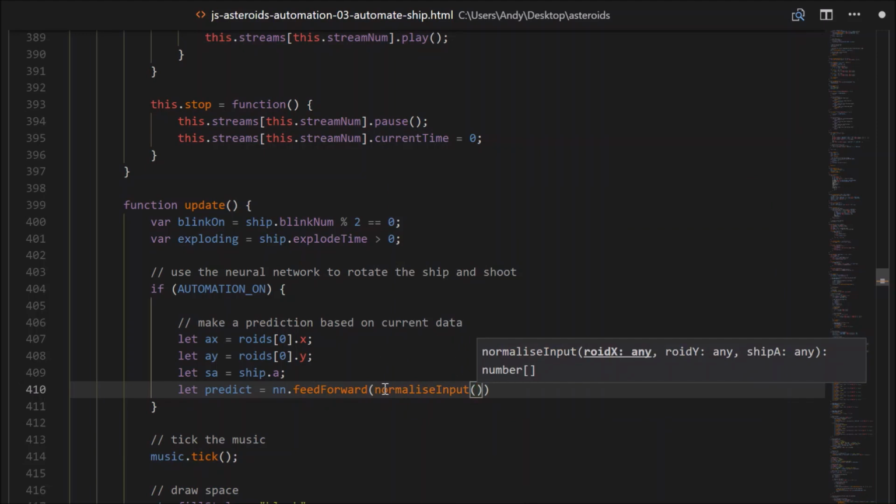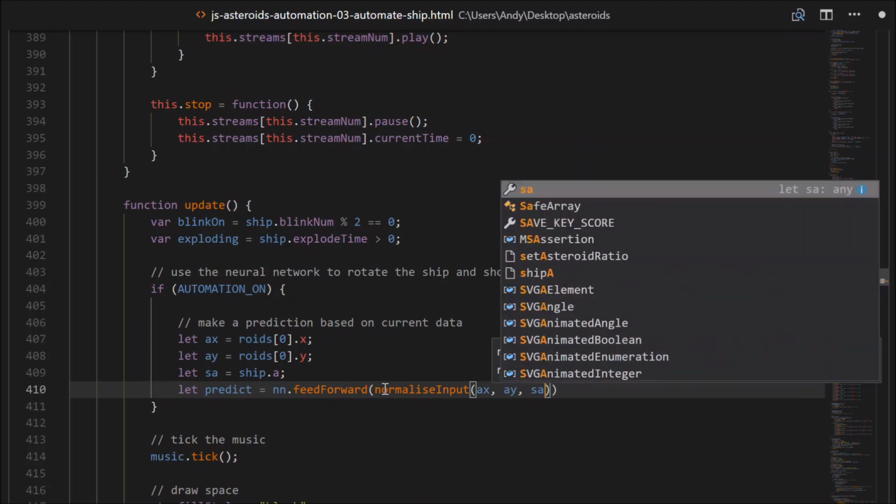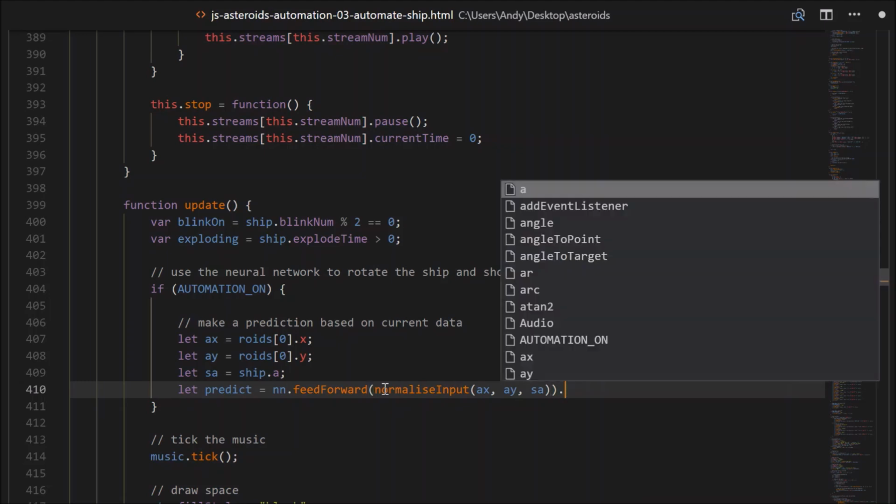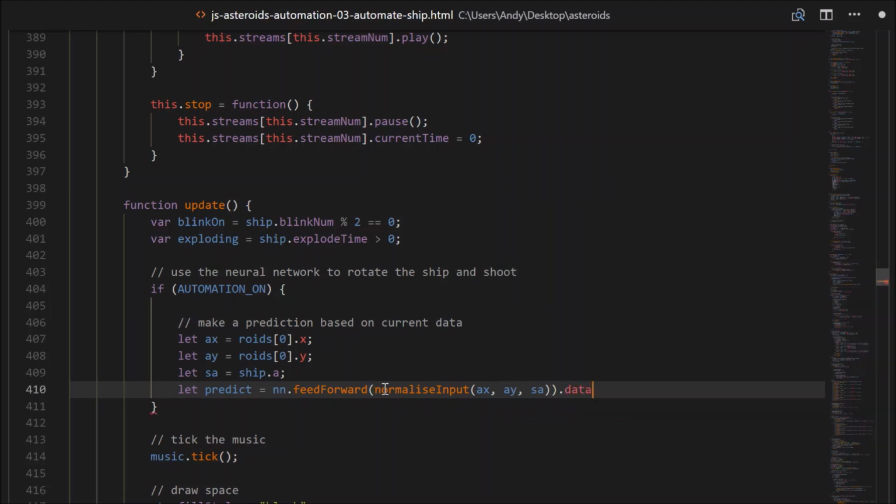It takes the roid's x, so AX, AY, and the ship's angle. Remember that returns an output matrix, so we'll have to take its data, and there's only going to be one output, so it'll be the first row, first column, 0, 0. That should be our prediction.